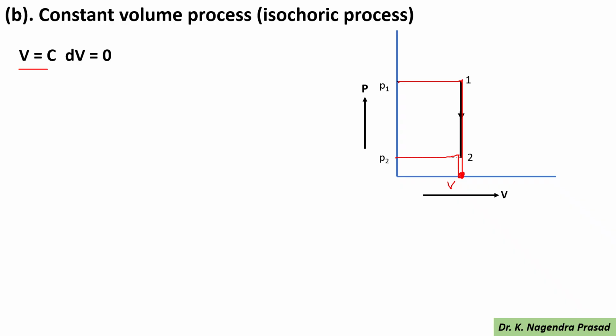Here the V1 value as well as the V2 value are the same, V, so it is equal to 0. We know that the work done from state 1 to state 2, W1 to 2, equals the integration of PdV. Here dV is 0, so the work done in the constant volume process is 0.